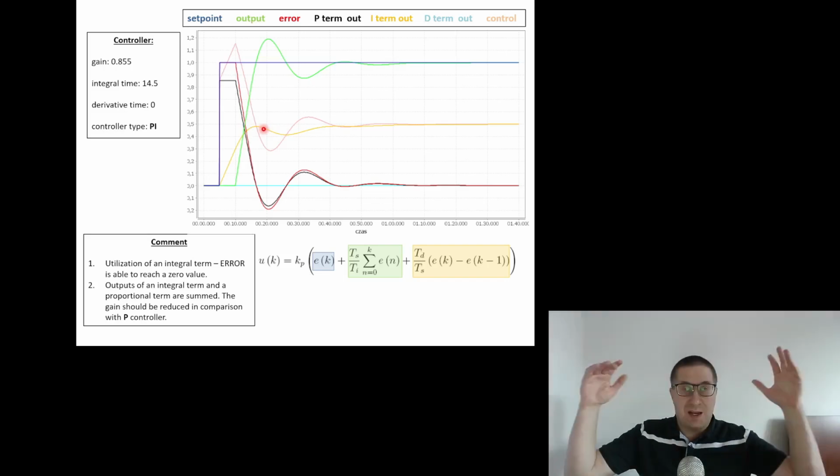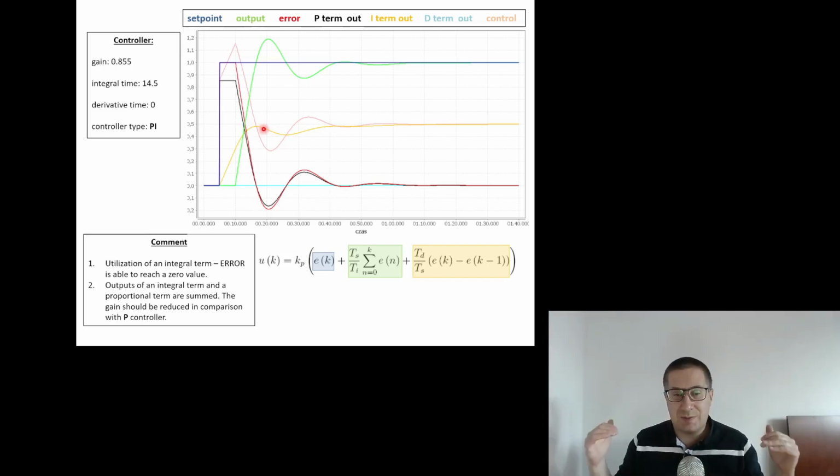Of course, this error hill decreases because we are adding negative values of errors, but still it's above 0. Still it's quite high. So we are saying, okay, despite the fact that now we are above the set point, in the past we were below the set point for a long time, so we should still send some energy to the plant, because maybe this is temporary.